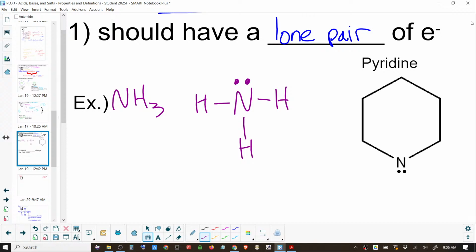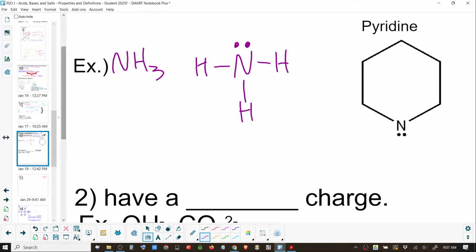Wait, I thought the lines were 2 electrons. They are. I was using that for emphasis. I'm not reteaching Lewis diagrams, but I will happily do it maybe at the break.